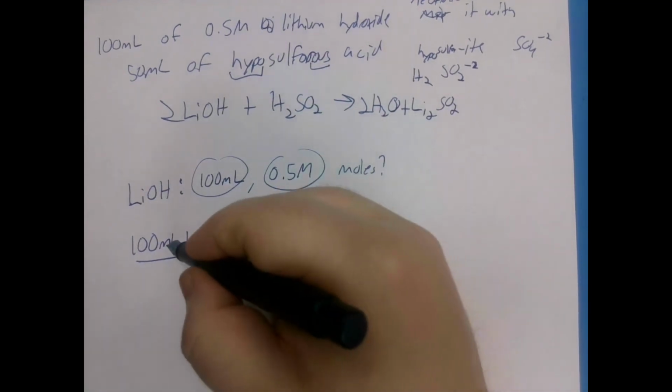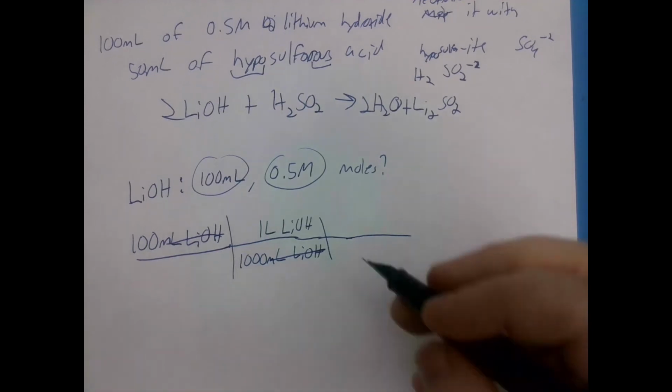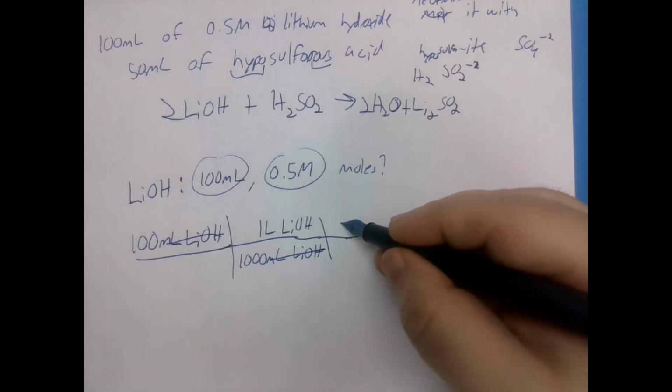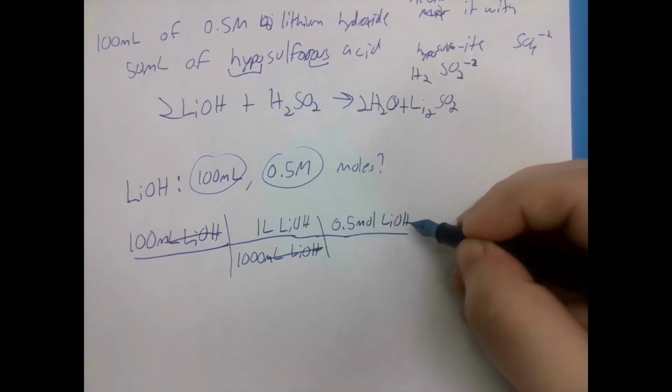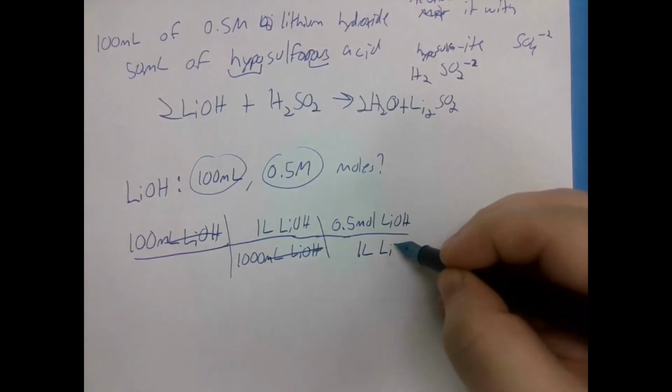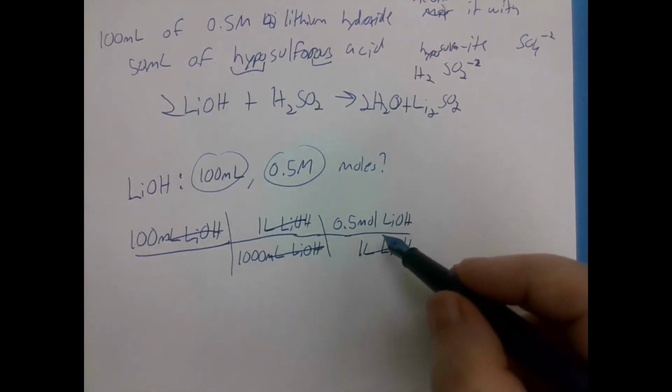So milliliters and milliliters cancel out. I know molarity is 0.5 mole of lithium hydroxide per 1 liter of lithium hydroxide. Thus, liters of lithium hydroxide cross out.